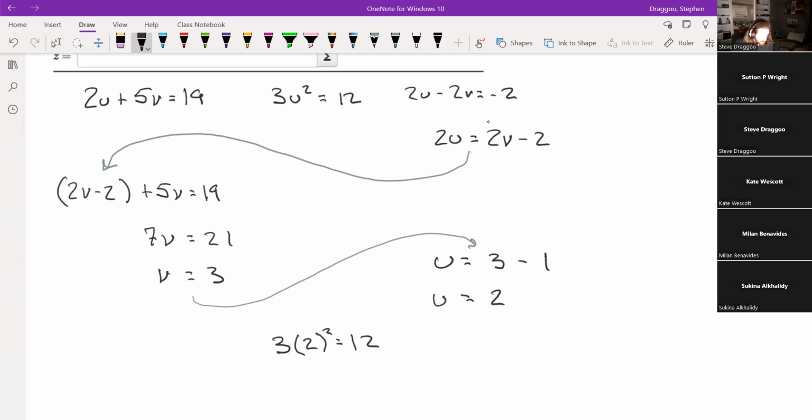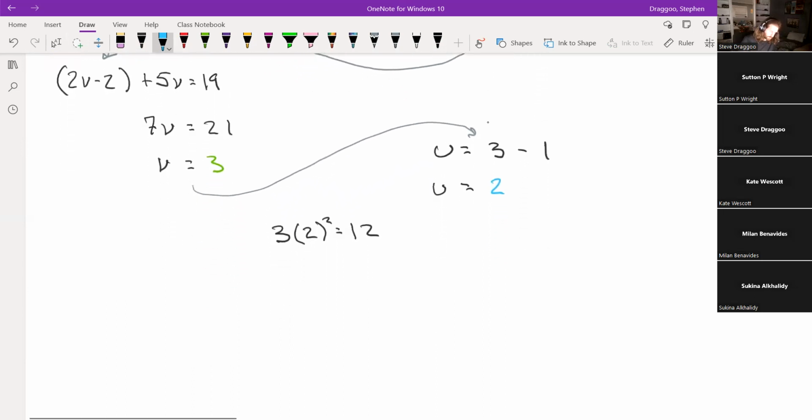All right, I've got my u and my v. I think I had v in green, u in blue. So I'll mark them there and there. And I need to get partial derivatives for these two things. So it might be helpful to just write down what r is. r of u and v.